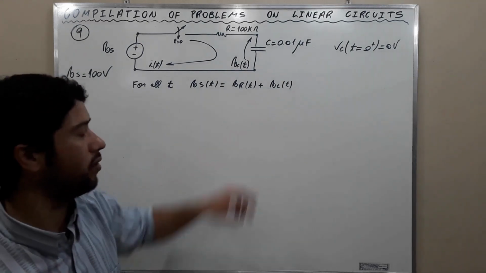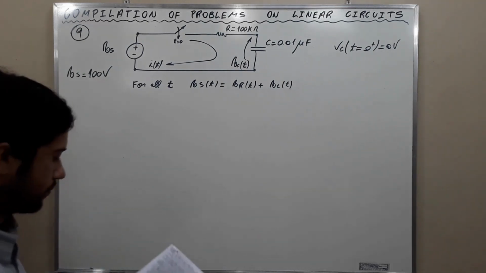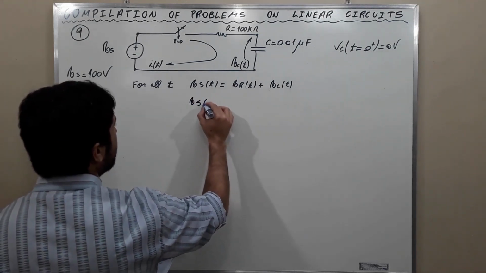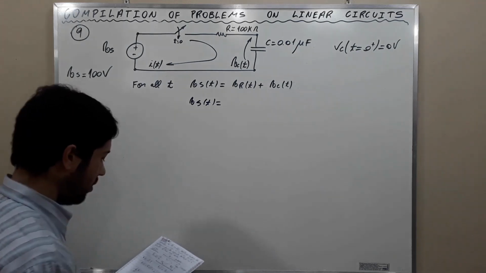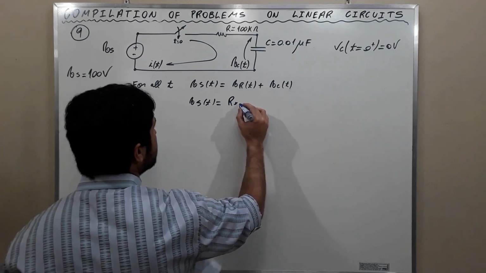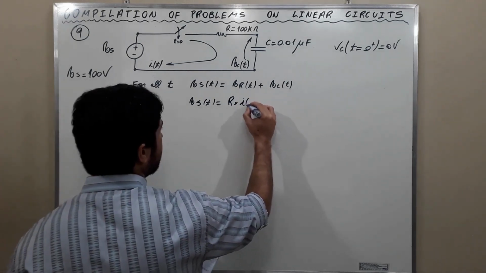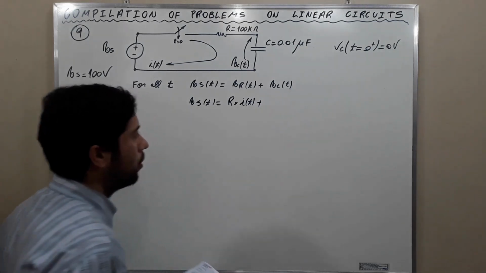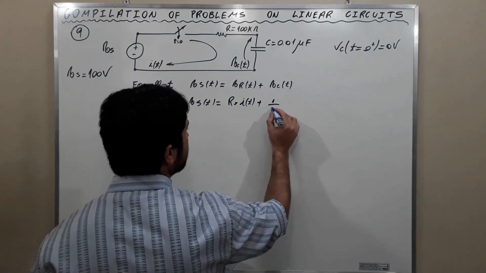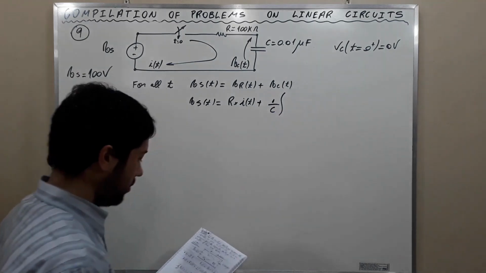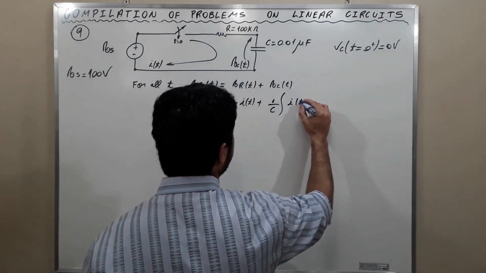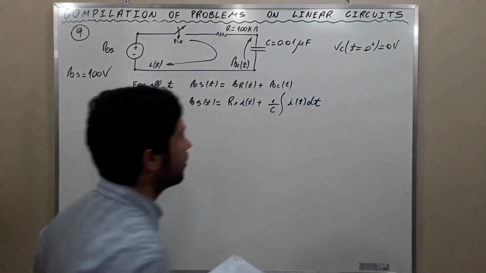Let's write this as a function of time. Vs of t is equal to R times I of t plus 1 over C times the integral of I of t dt.